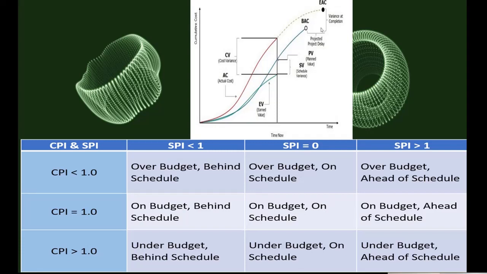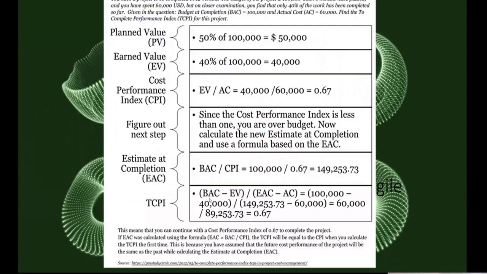So variance at completion is minus $50,000, right? TCPI means, in order to complete this amount of work, how much we need to perform. It has a formula: BAC minus EV divided by EAC minus AC.